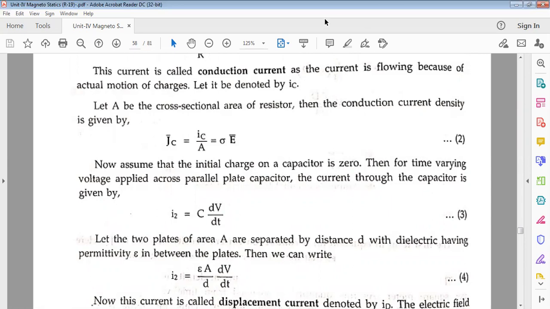Then we can write C is equal to epsilon A by D. Substitute that in I2: I2 is equal to epsilon A by D into dV by dt, where A is the area of the plates, D is the distance between the two parallel plates, and epsilon is the permittivity.